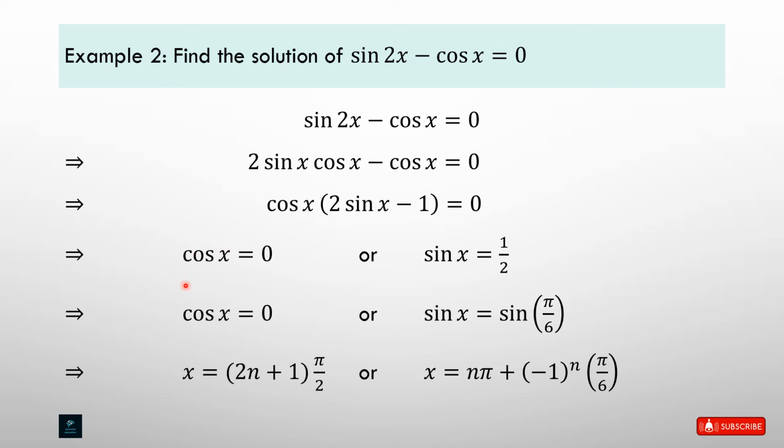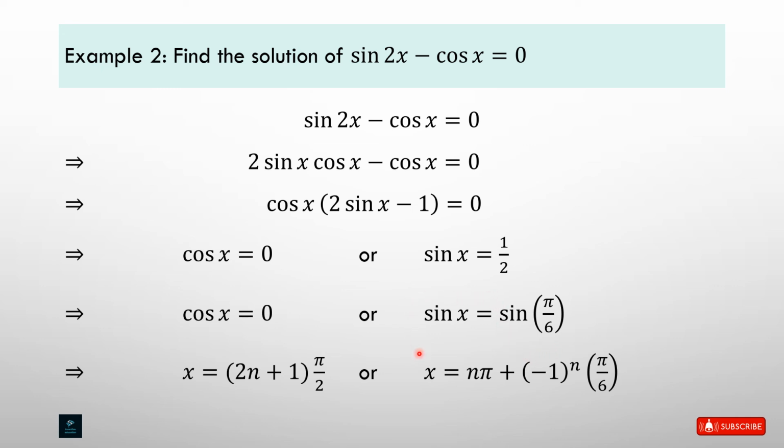Cos x equal to 0 implies that x has to be an odd multiple of pi by 2. That means x equal to (2n plus 1) pi by 2. 2 sin x minus 1 equal to 0 implies that sine of x is equal to half. This means that sine of x is equal to sine of pi by 6, since sine of pi by 6 is equal to half.